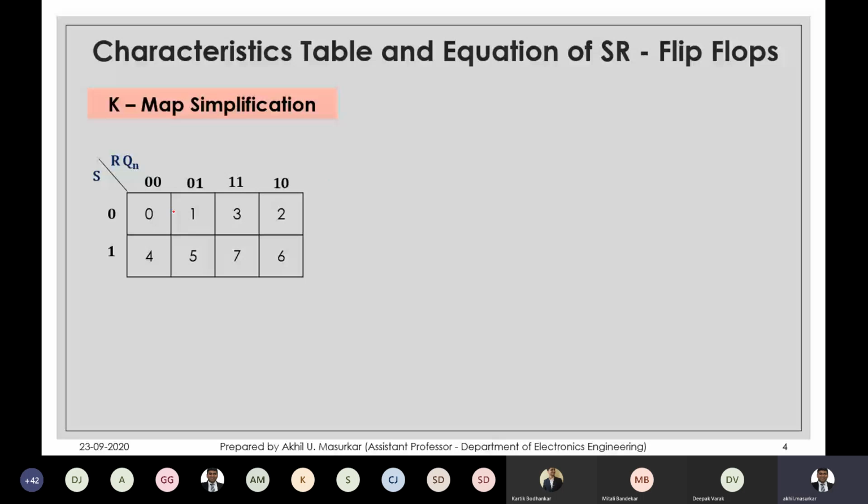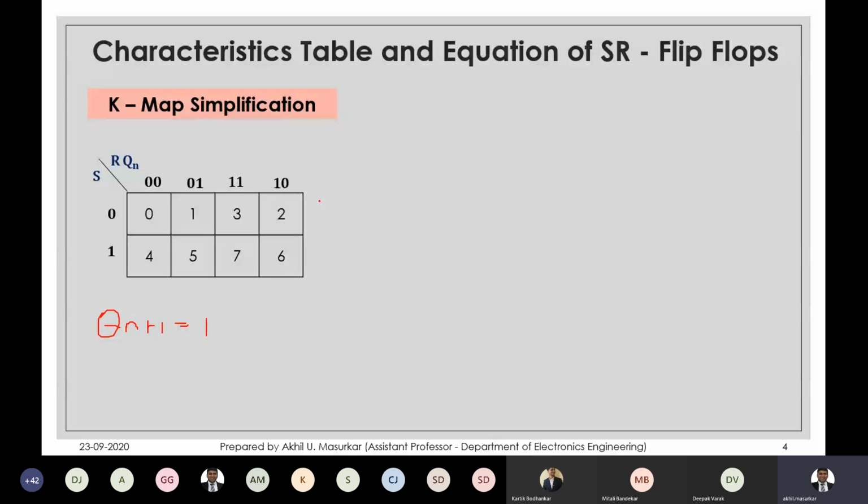You can observe in that same table for which conditions Qn plus 1 is 1. Can you tell me for which values of S, R, and Qn, Qn plus 1 is 1?